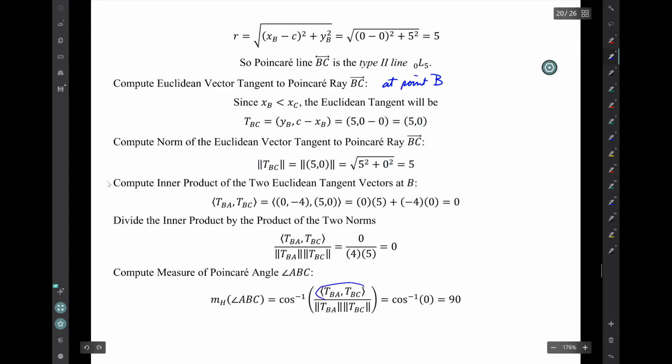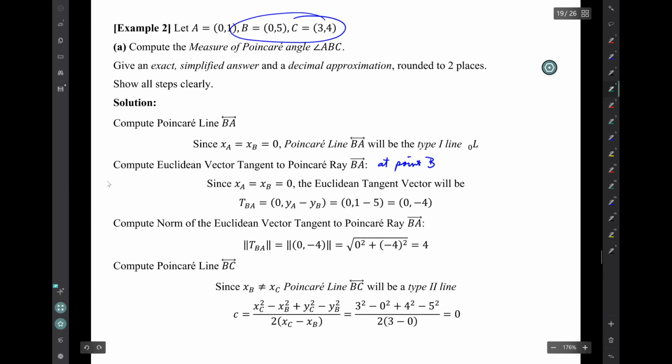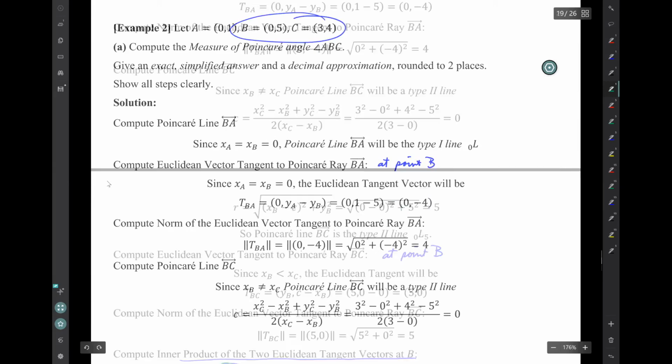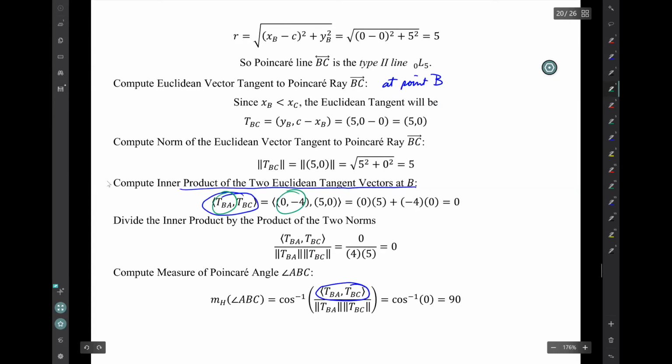Now I need to build this expression. I need to find the inner product of those two Euclidean tangent vectors. To do that, I have to get this vector from the previous page. TBA is the vector 0, -4, so that vector goes here. TBC, which I just found, is 5, 0, so that vector goes there.